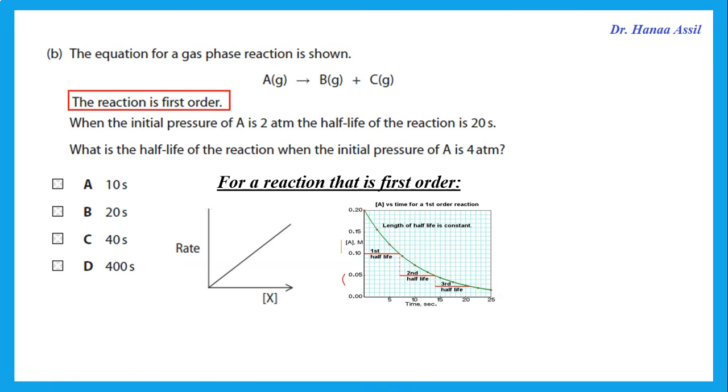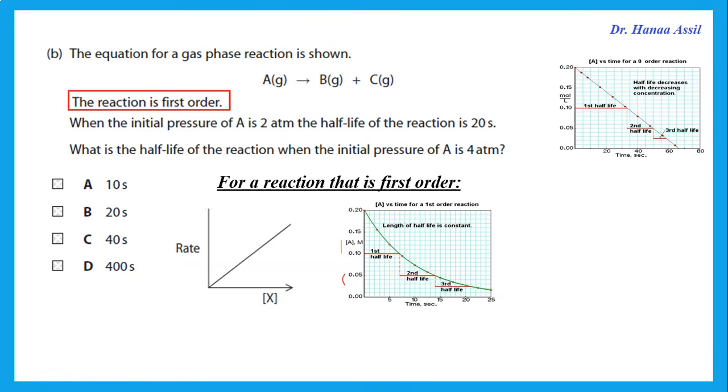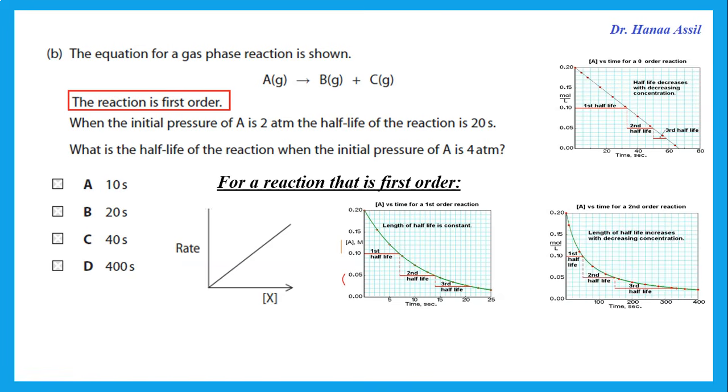And then from point 1.0 to point 0.5, the time taken for that is the half-life. So for a first order, the half-life is constant, while for a zero order, the half-life decreases with decreasing concentration. For a second order, the half-life increases with decreasing concentration.